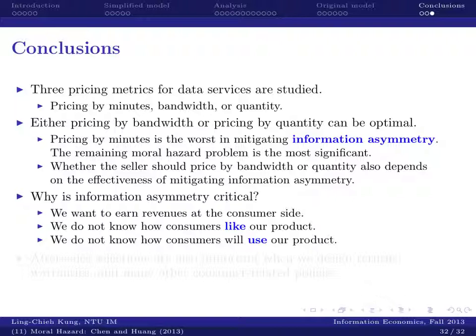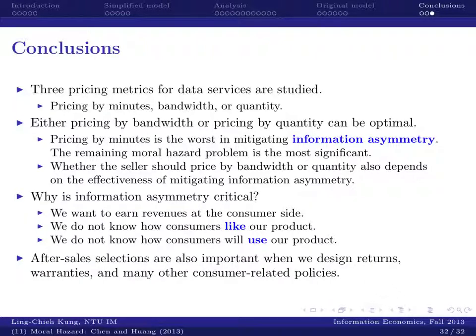When you limit the consumer about minutes, they will adjust the bandwidth and so on. So we cannot control this, and we cannot see the valuation. They are just natural in any revenue maximization problem, in any pricing problem, in any marketing problem. So that's why you just cannot ignore information asymmetry. That's always an issue.